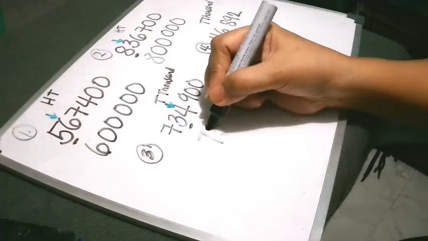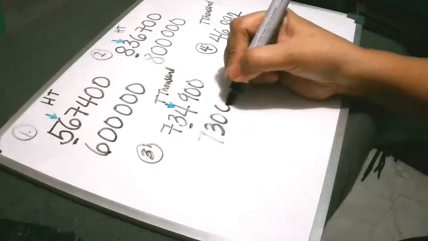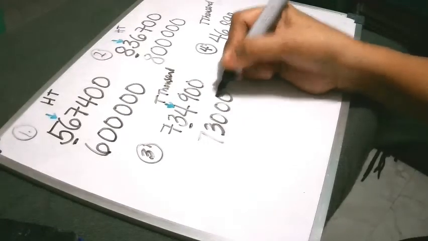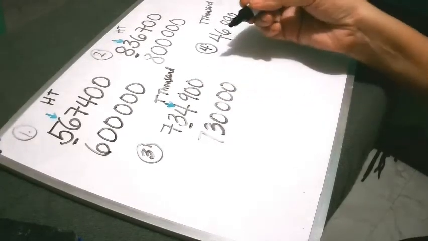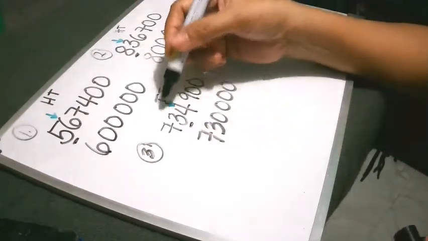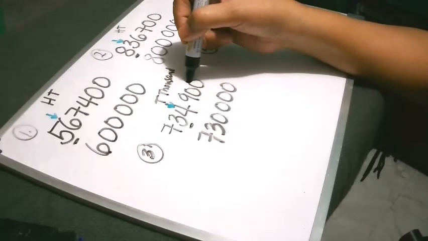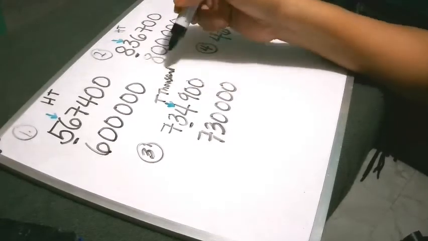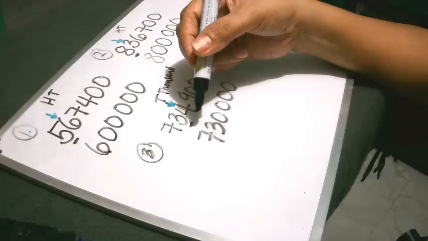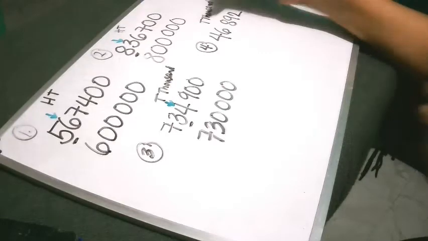So this 3 remains 3, and this will become 0. So 734,900, if we are going to round this off to the nearest 10,000, this will become 730,000.